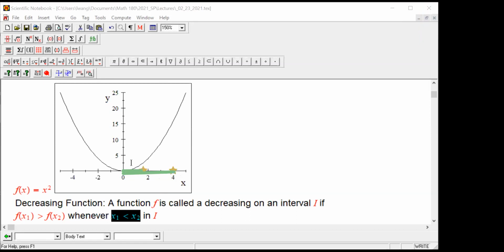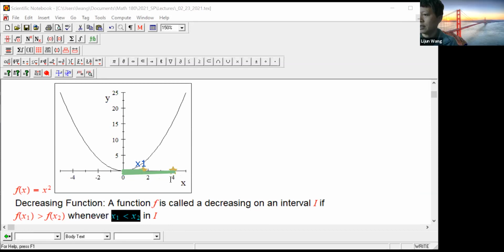So this is x1, and the other one is x2. What are their outputs? This is f of x1, which is x1 squared, and this other one is f of x2, which is x2 squared.